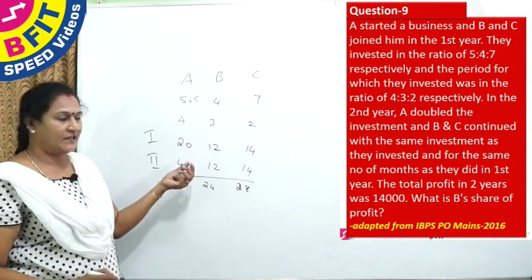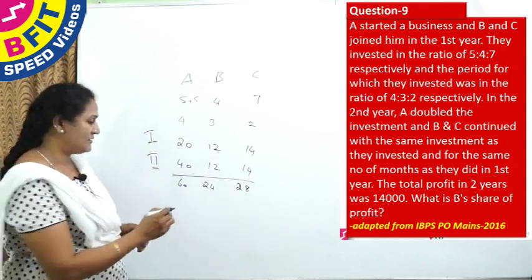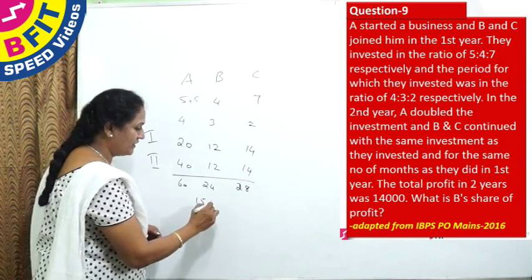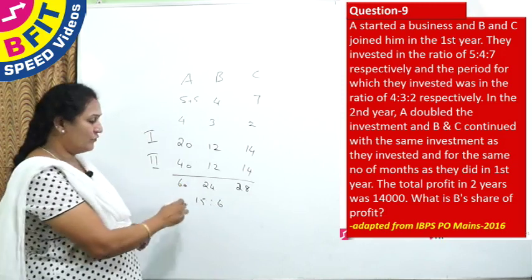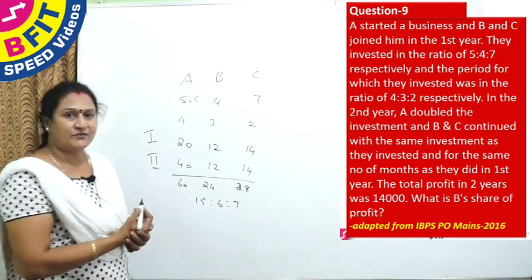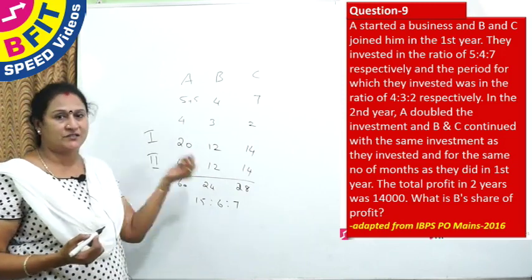So having the data, after adding you simplify and get the ratio of A, B and C. The common factor is 4. So when we simplify, 4 15s are 60, 4 6s are 24, 4 7s are 28. So the ratio of investments for A, B, C is 15:6:7.